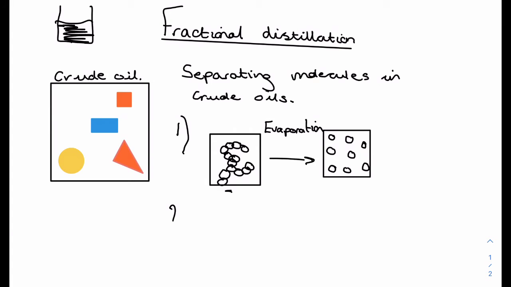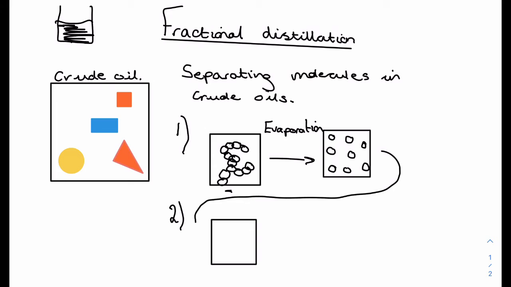Process 2 is the second part of this separation technique, and this is when we've got our gas. You could always draw a little arrow going round here to our second process that we've already seen before in science. It's going from our gas, and that gas has cooled down back into a liquid.